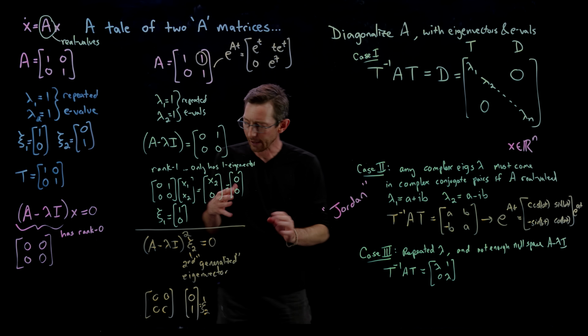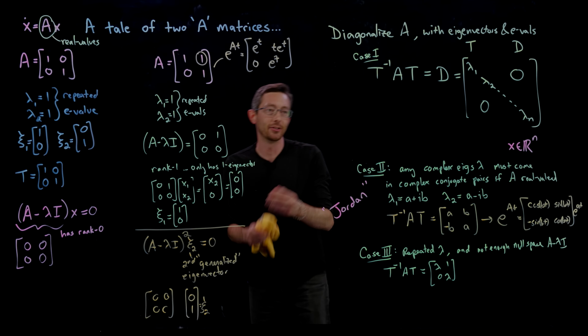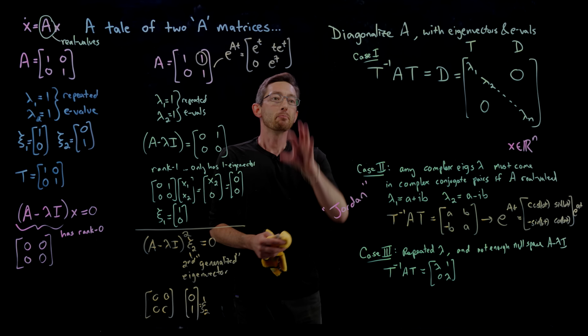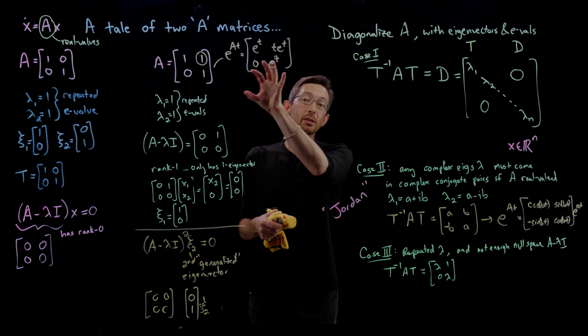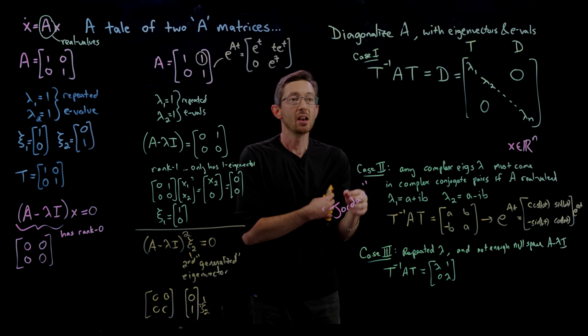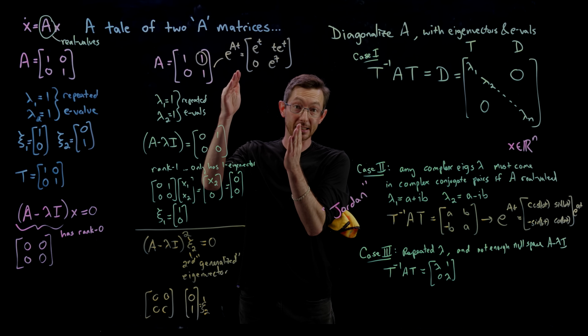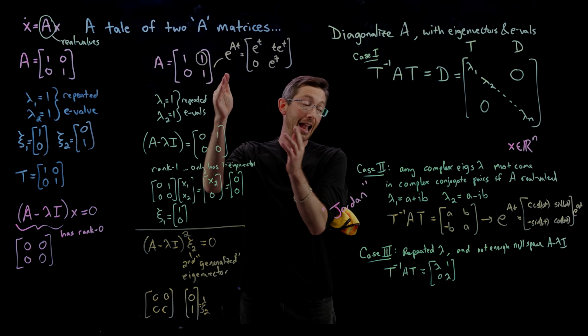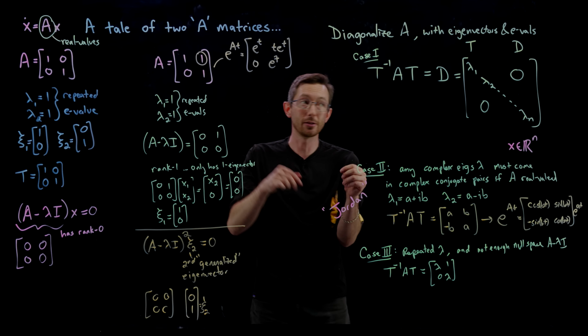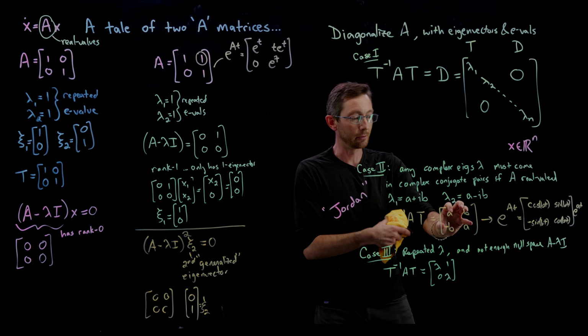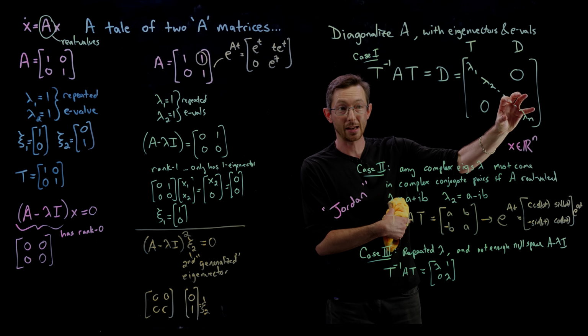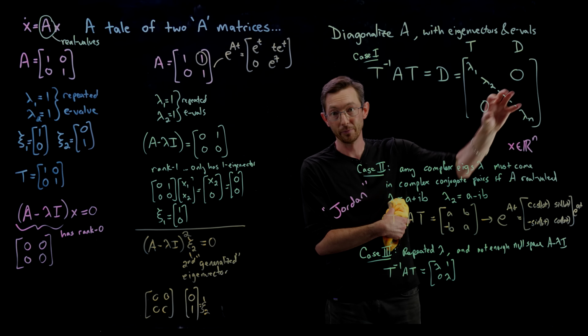And so if you have a bigger matrix, like a 10 by 10 matrix, it's going to be a diagonal matrix built up out of these Jordan blocks. So if I have 8 distinct real eigenvalues and a pair of complex conjugate eigenvalues, I'm going to get something that looks like this for the upper 8, and then a little Jordan block of my complex eigenvalues on the last 2 entries.